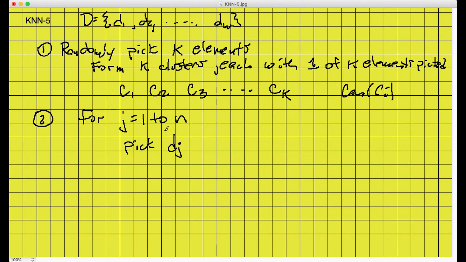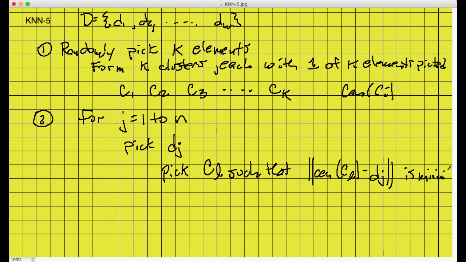Then I'm going to pick C sub L such that the distance between the centroid of C sub L and D sub J is minimized.